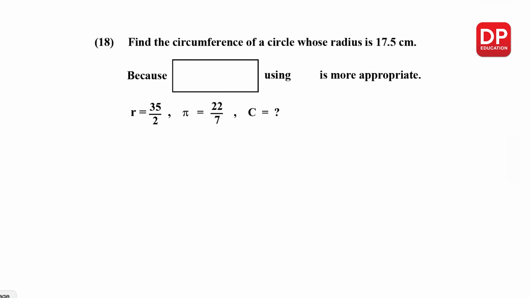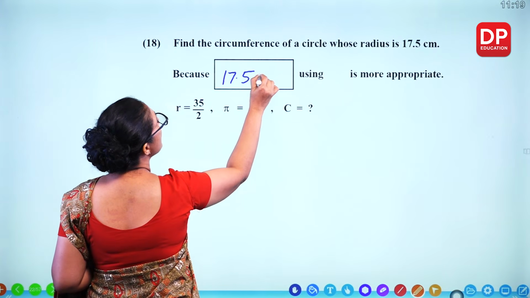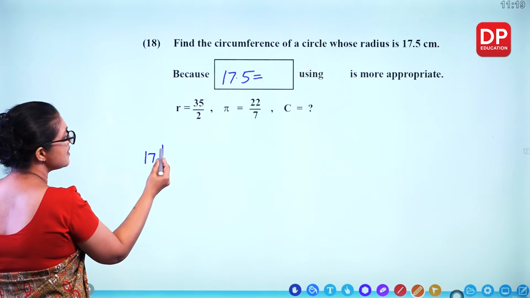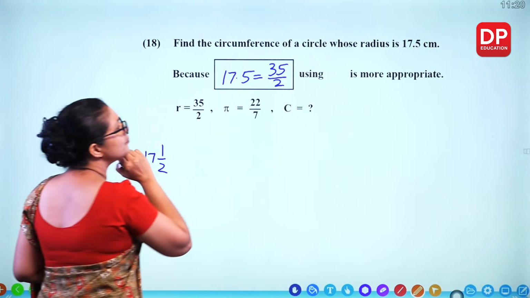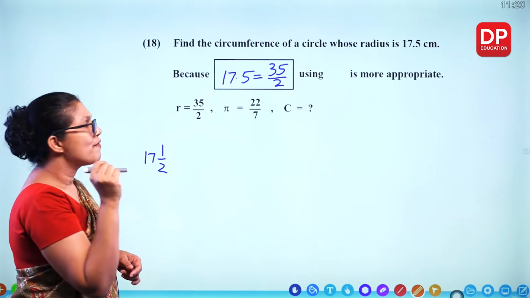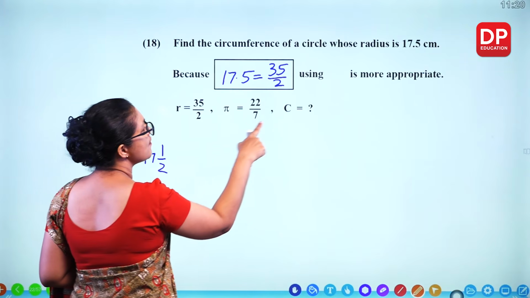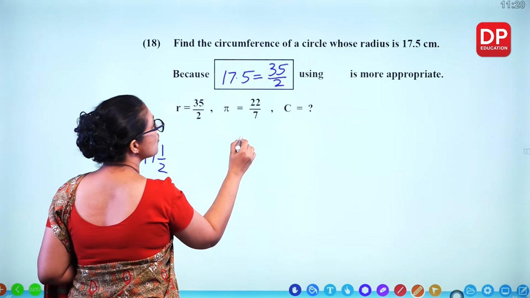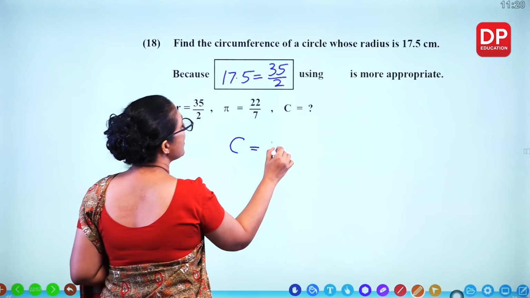Find the circumference of a circle whose radius is 17.5. I can write 17.5 as 35/2, an improper fraction. So 35/2, pi is 22/7, and you need C. So we have radius, so what's the circumference? 2 pi r.